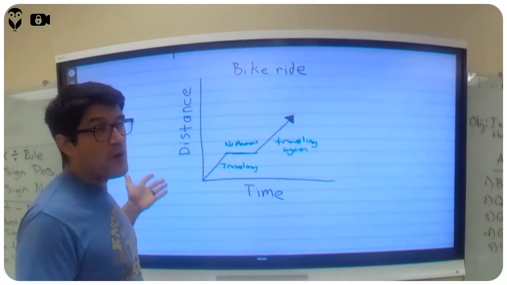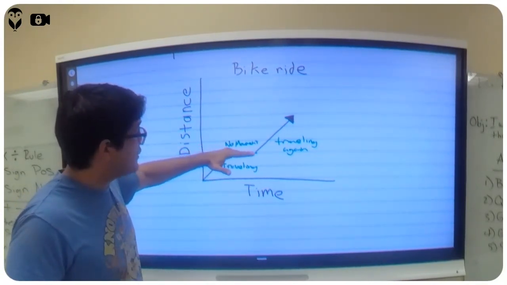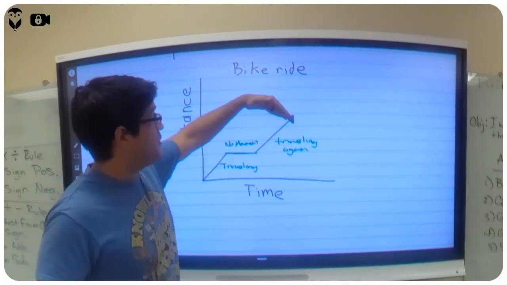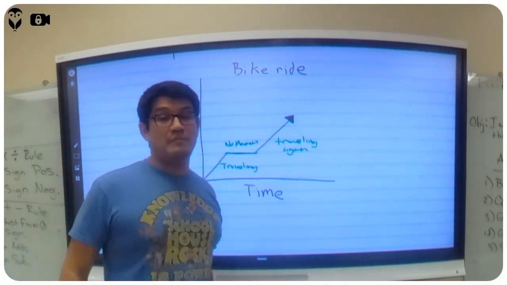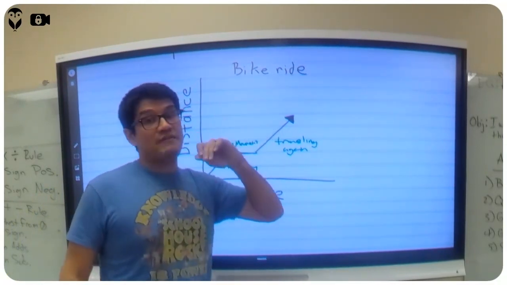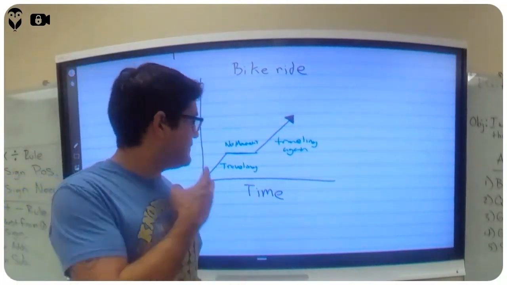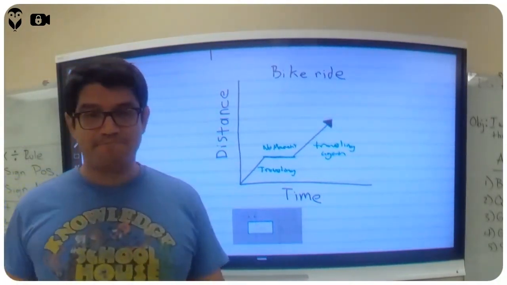If this said distance from home, this would be traveling away from home, and if it went down, it'd be traveling back towards home. Sometimes it goes like this, and then it goes like this, which means I'm traveling faster. And I think that's the last one. Yep, that's it.